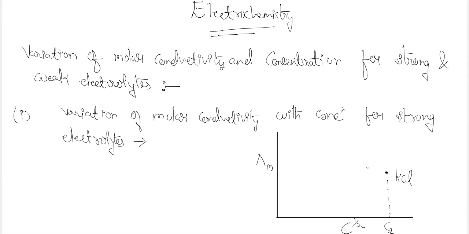On decreasing the concentration slowly, I will observe that the molar conductance is increasing, with a gradual increase in the molar conductivity of the solution for every change in concentration.